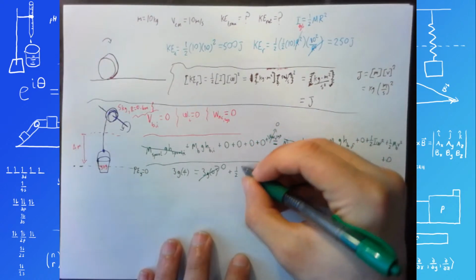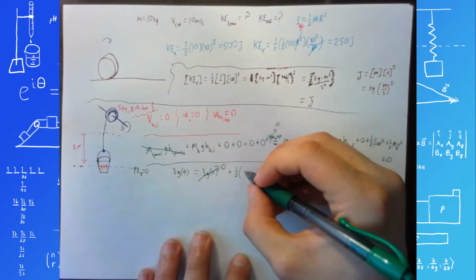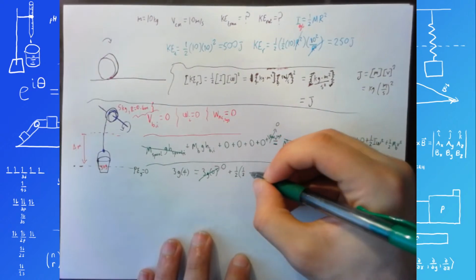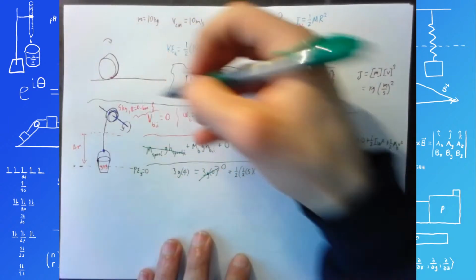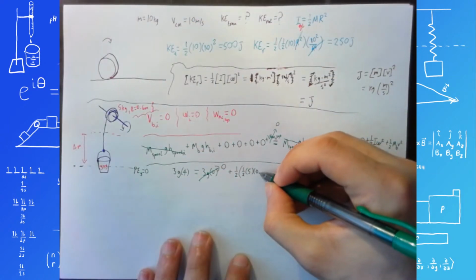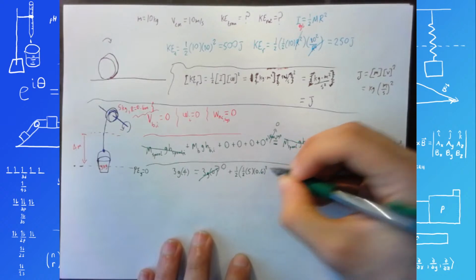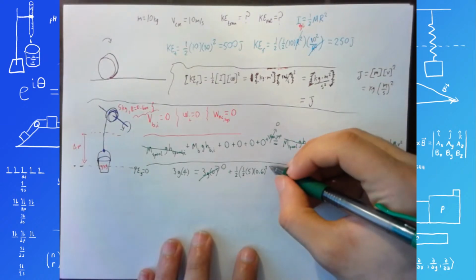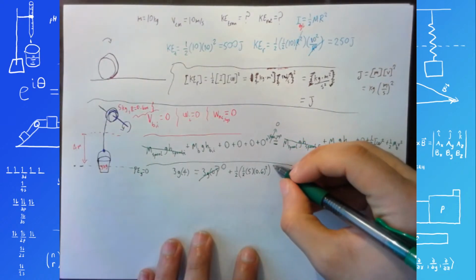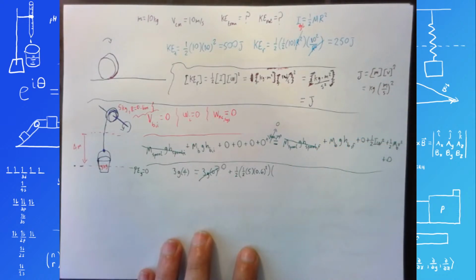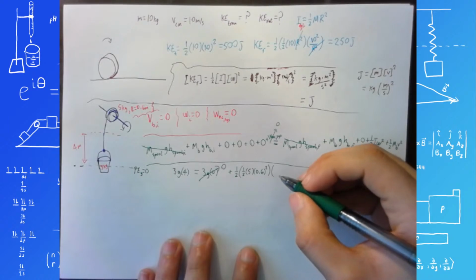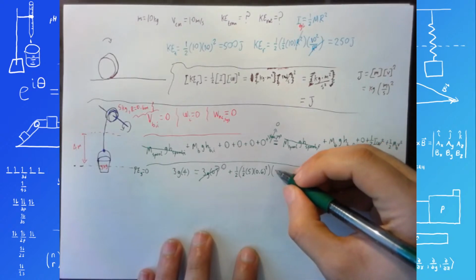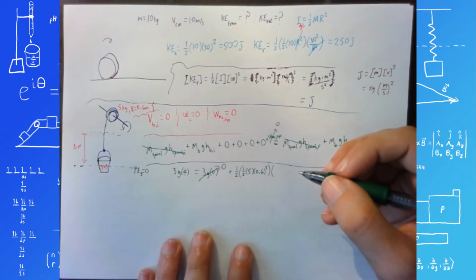Plus 1/2, that's going to be 1/2 m r squared for the spool. So that's going to be 1/2. Its mass is 5 kilograms and its radius is 0.6, times its angular velocity squared. Whatever its angular velocity is squared, that's the translational velocity over the radius squared.